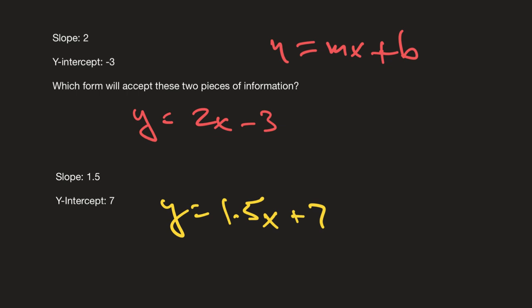In the previous example, your y-intercept was negative, therefore we use a minus sign. But again, if they give you slope and y-intercept, plug it in, we're good. Okay? Questions? Simple.